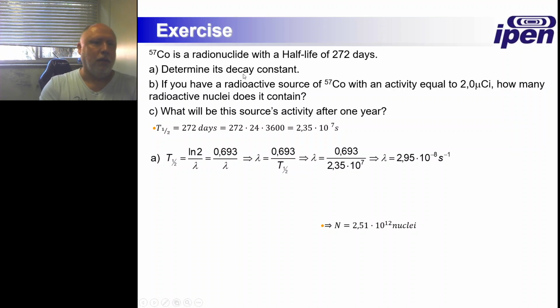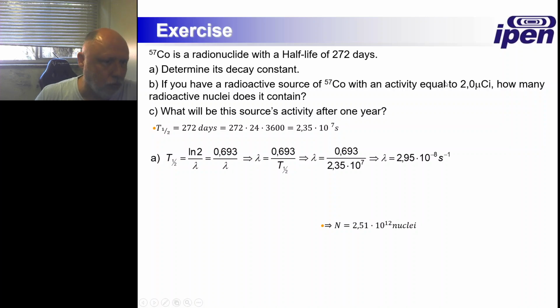Then we say, okay, now if you have a radioactive source of cobalt-57 with an activity of 2 microcurie, how many radioactive nuclides does it contain? Once again, I told you we wouldn't use curie, only becquerel, so it's only here to remind you of how you convert from one to the other in a test or exercise I give you. I will not ask you to do this conversion.